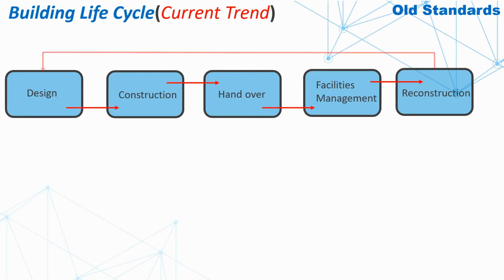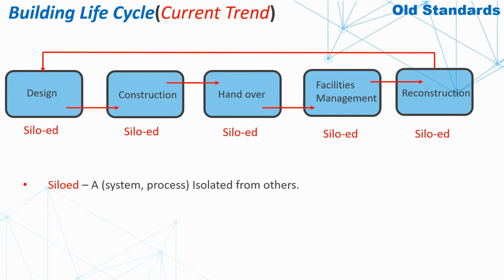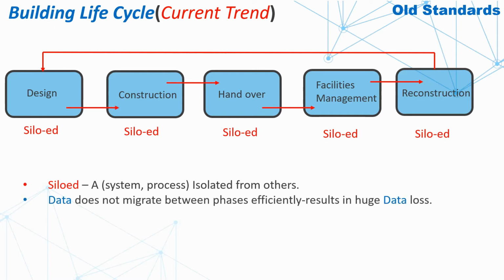So let's summarize. During these stages, we have siloed data between each bubble. The disadvantage of a siloed item is it's isolated from other stages. Remember, isolation is not the key to collaboration and coordination. Data does not migrate between phases efficiently, results in huge data losses.